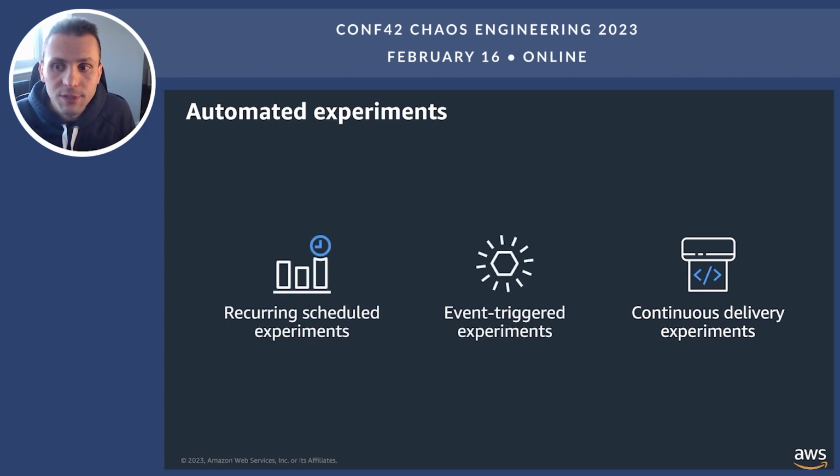I think it goes without saying, but it's still worth pointing out that to do automated experiments, you do need to embrace safeguards. It's really important that you use the guardrails and the stop conditions within fault injection simulator. When you are automating a lot of those events, you're not just clicking a button and watching a one-off experiment happen.